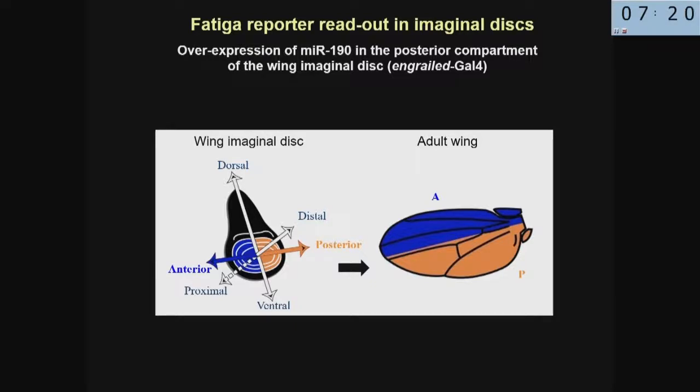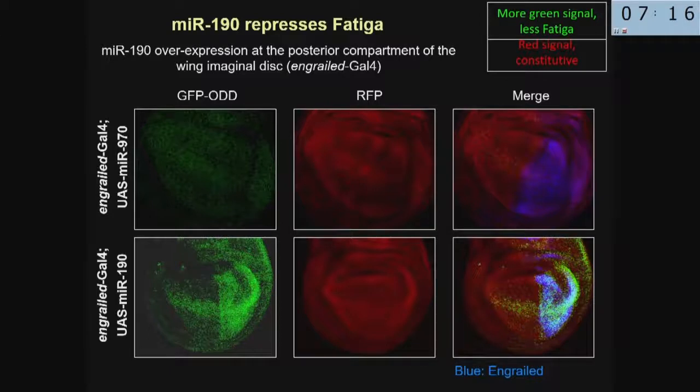Please remember, the reporter is expressed all over. So the experiment went well. As we said, more green signal means less fatiga. This is the compartment in which we express miR-190, and as you can see, we have more green, less fatiga. So overexpression of the microRNA leads to reduction of the level of the prolyl hydroxylase, while the other is just a control.